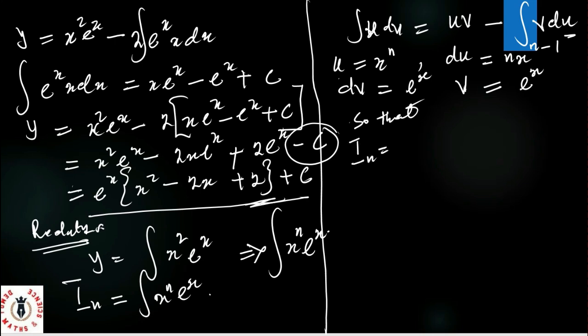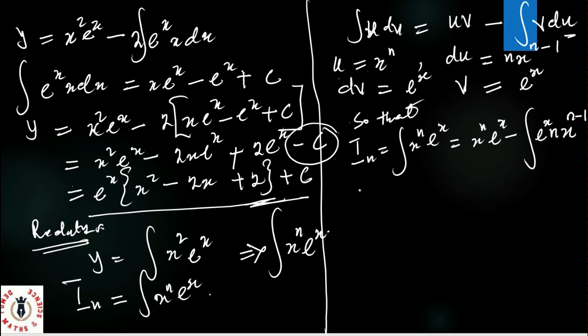So that I_n, which is the same thing as the integral of x raised to power n e raised to power x, will now be the same thing as u and v, that's x raised to power n e raised to power x, minus the integral of v du, that is e raised to power x times n x raised to power n minus 1.